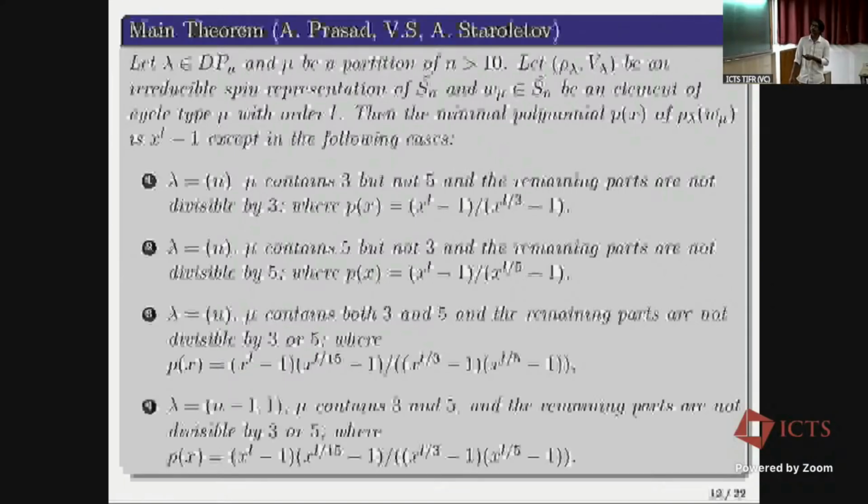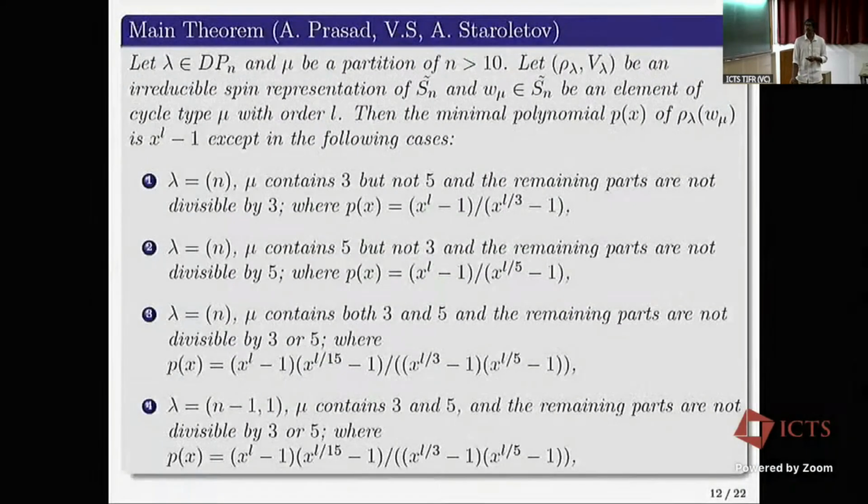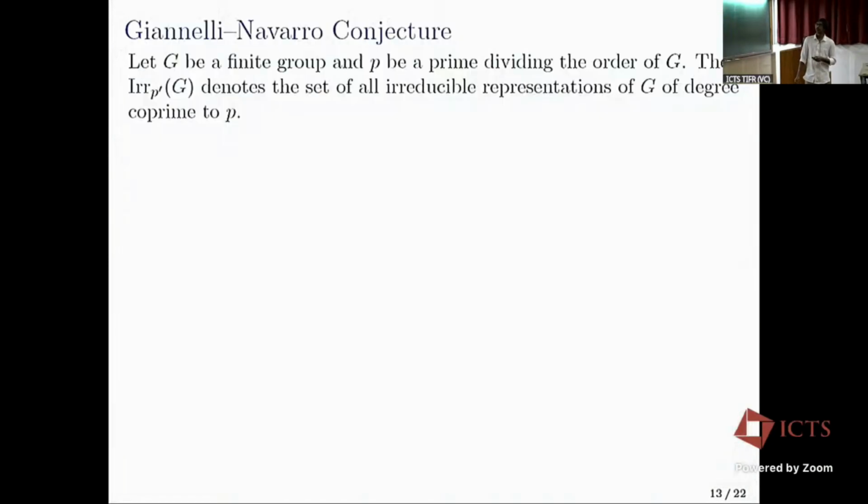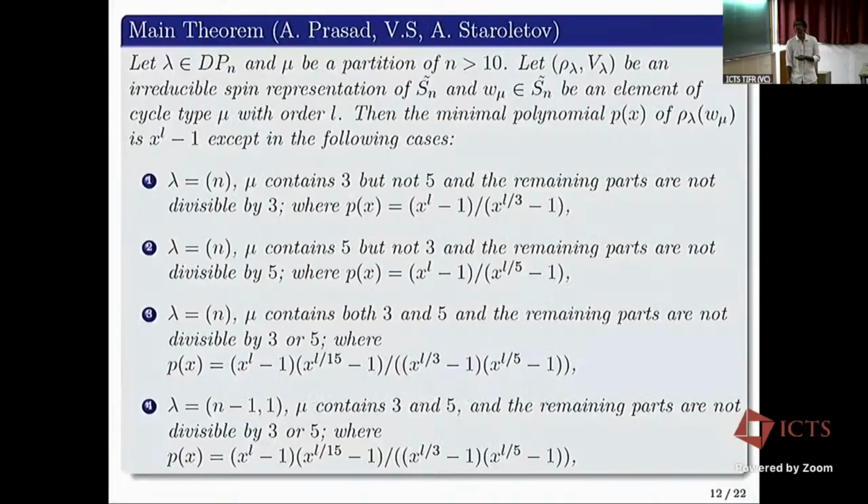And finally, of course, there is an analog of our standard representation called the basic standard spin representation, and that's again similar to the third one. Okay, so this is our first main theorem, which is joint work with Amri, myself, and Alexei.